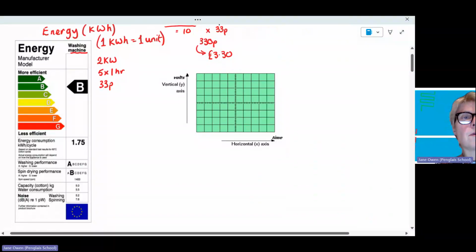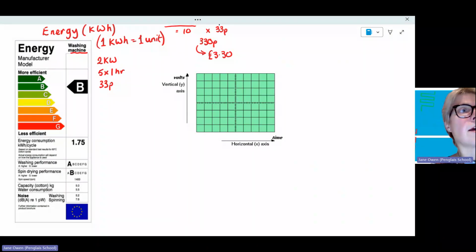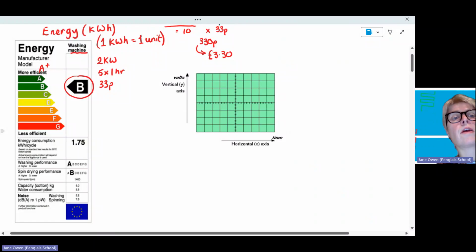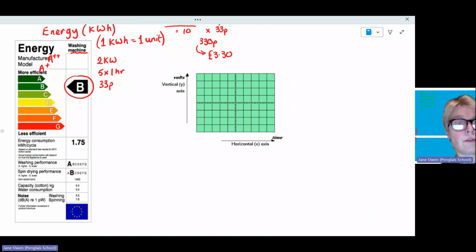Okay, so here we can see one of the typical labels that would be put onto the washing machine. Here we're being told that the energy efficiency is a B rating, not the highest, which would be A. In fact, nowadays they are making appliances which have further categories of A plus, A plus plus, and even A triple plus.